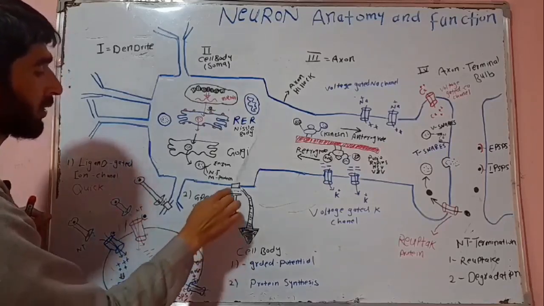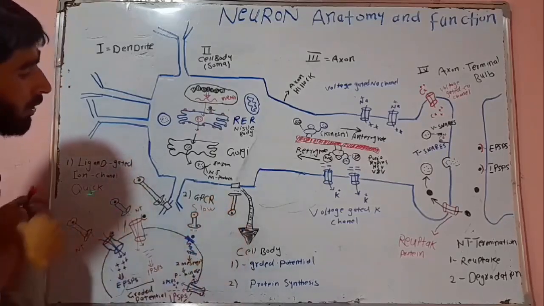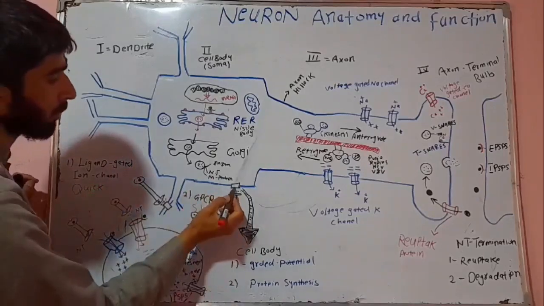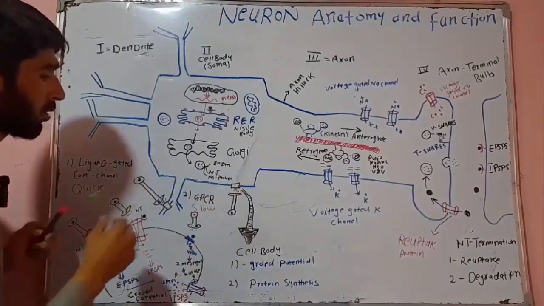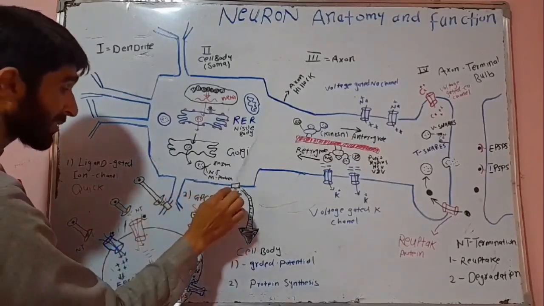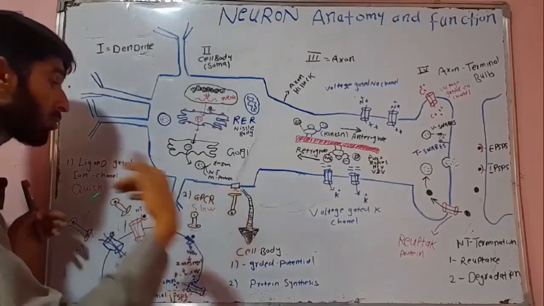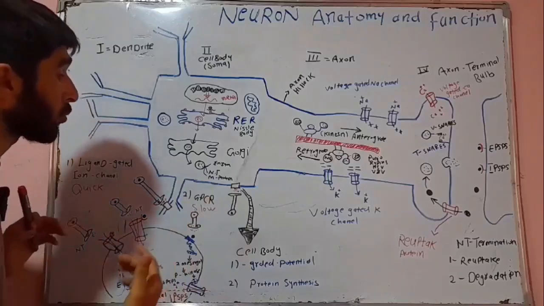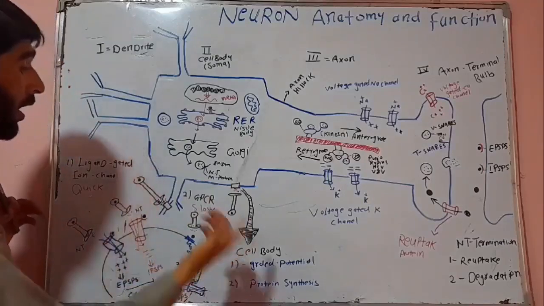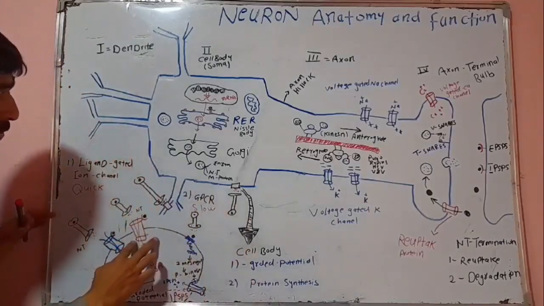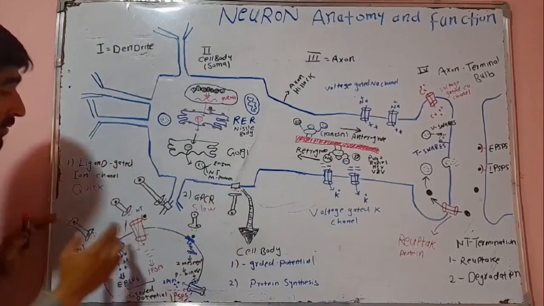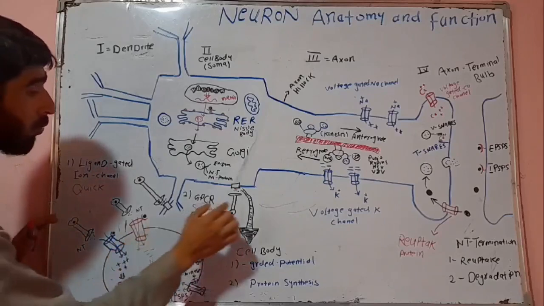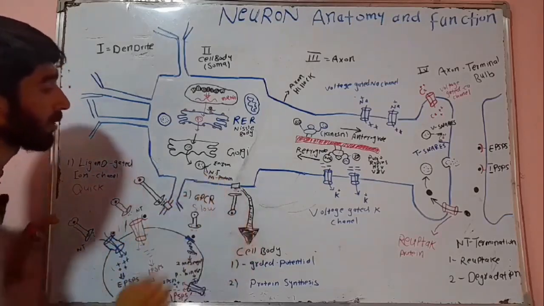It will release neurotransmitter, and the neurotransmitter will bind to the cell membrane of the cell body. So there will also be some potential produced, like that produced within the cell membrane of the dendrite. The same potential will also happen there.